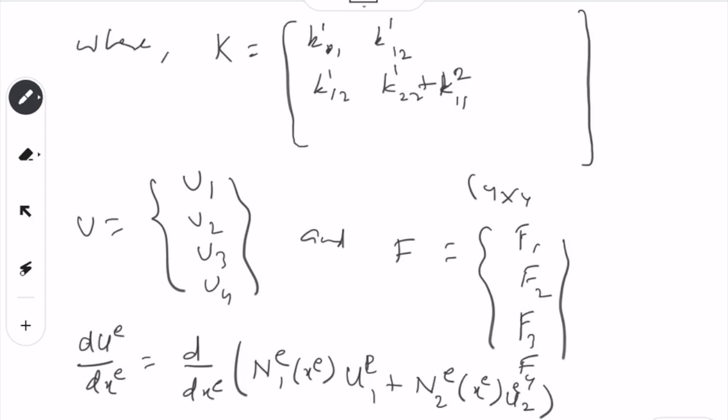Hence, you will get the derivative of this. This becomes a constant now, because this is the nodal displacement. So the derivative applies to this only, because this is only a function of x, and this also. Hence, you will see that in K the derivative of N will appear.